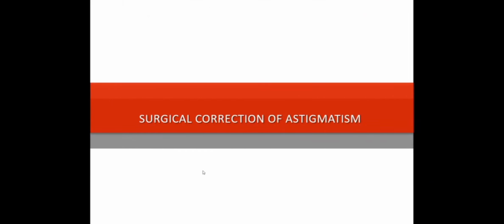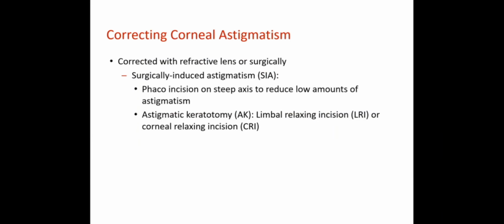Okay, so in terms of surgical correction of astigmatism, you can use incisions to manage the astigmatism. Using certain cuts on the cornea can correct astigmatism.